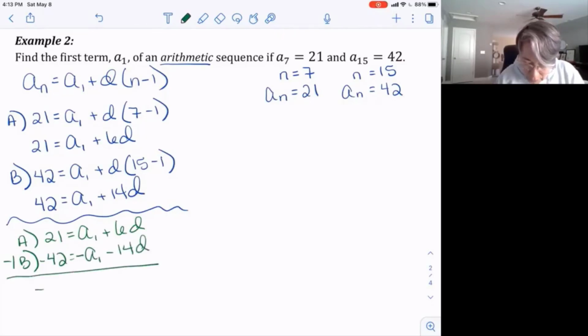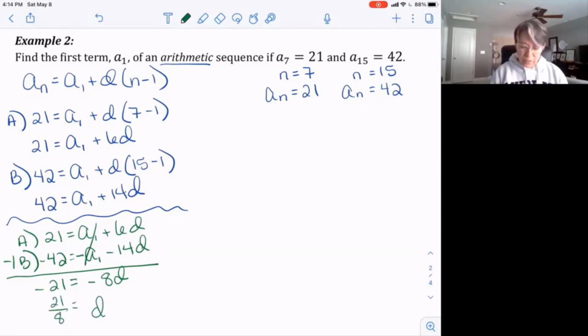Combining like terms, we get -21 equals, the a sub 1s add up to 0, and we get -8d. If only we'd gotten a -7, that would have turned out nicely, but we can still do it. We're pre-calculus students. We can work with fractions. So that gives us a common difference of a positive 21/8.